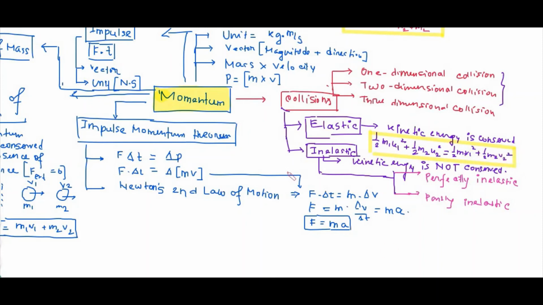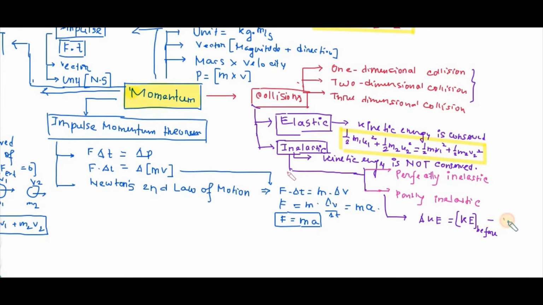But we cannot apply the conservation of kinetic energy in the case of inelastic collision, since there will be a certain amount of energy loss. The energy loss in perfectly inelastic or partially inelastic collisions can be defined by the change in kinetic energy, which is equal to the total kinetic energy before the collision minus the kinetic energy after the collision.